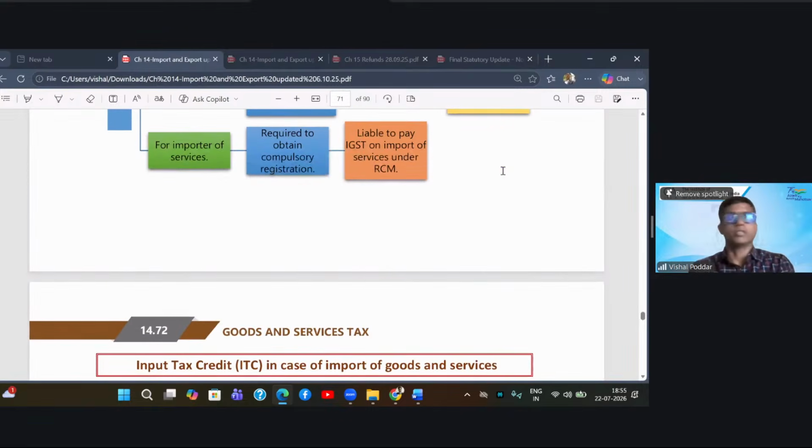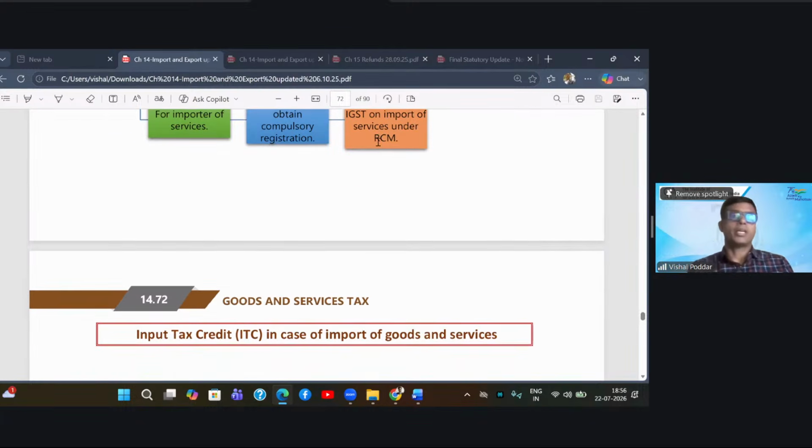In case of import of service, students, as we discussed at the very start, it would be treated as RCM under 5.3. Since it is under RCM under 5.3, as per section 24 of the CGST Act, you have to compulsorily avail registration irrespective of turnover of business. And then on every import, you will be liable to pay IGST.